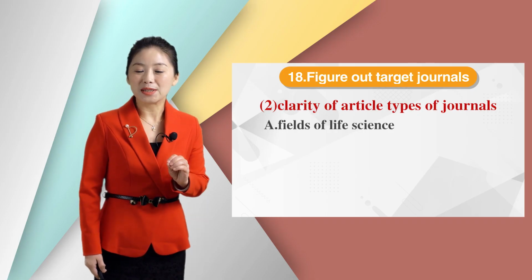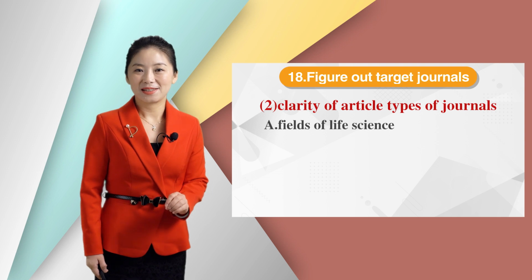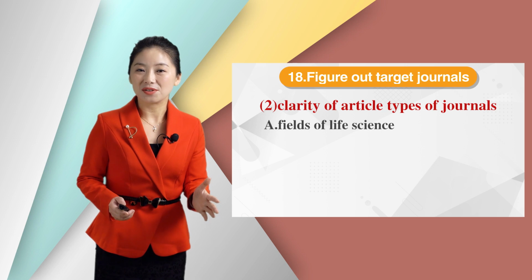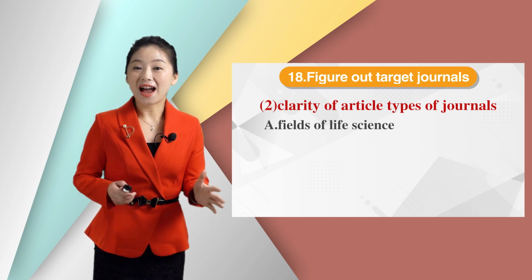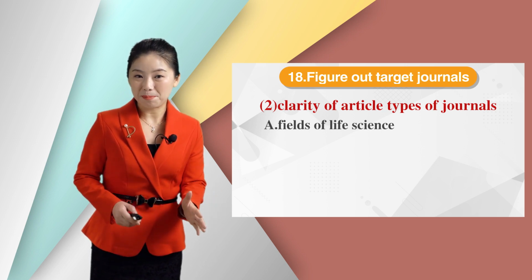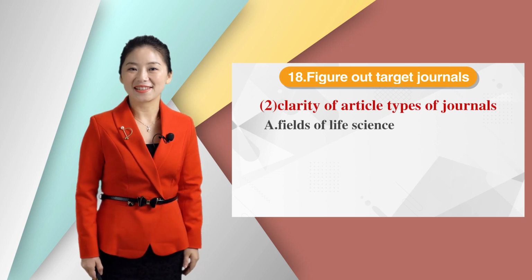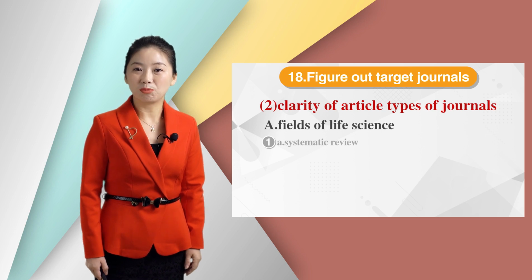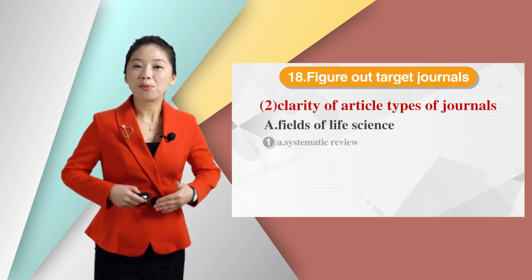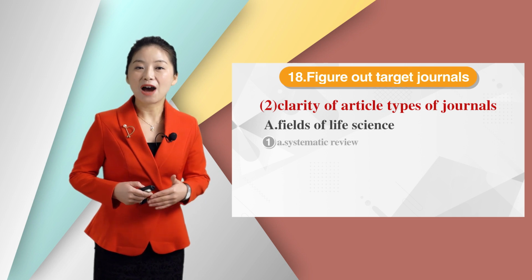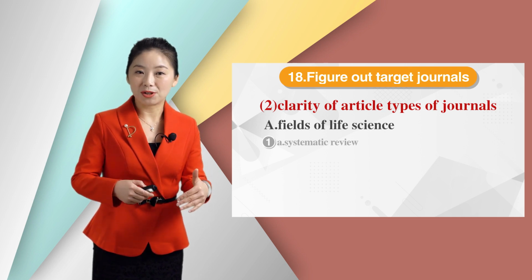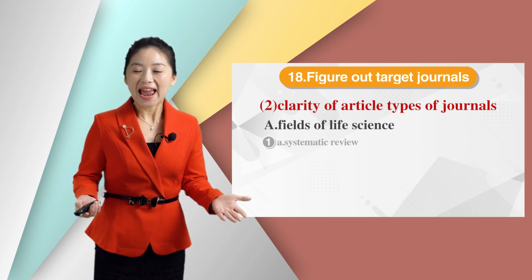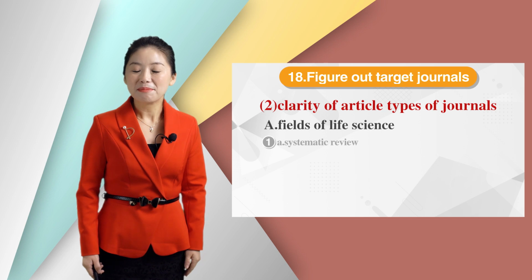In the fields of life science, biomedicine, and clinical science, there are other types of papers, such as, first, systematic review, a comprehensive summary of existing literature in this field, especially evidence-based medicine.